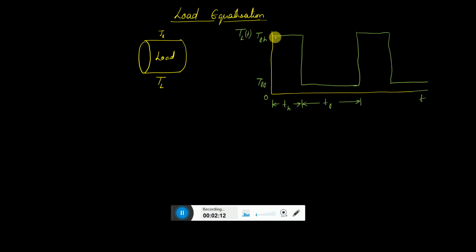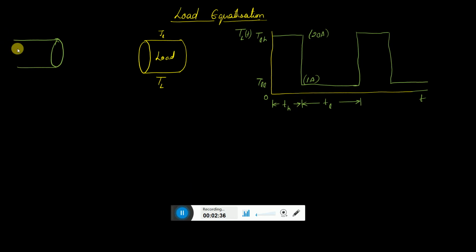With this type of load, let us say at the peak load the current is 20 amperes. The current requirement is, let us say, 20 ampere. At no load the current is, let us say, only 1 ampere. So what happens is, for a certain duration of time there is a sudden rise of current at the motor end.